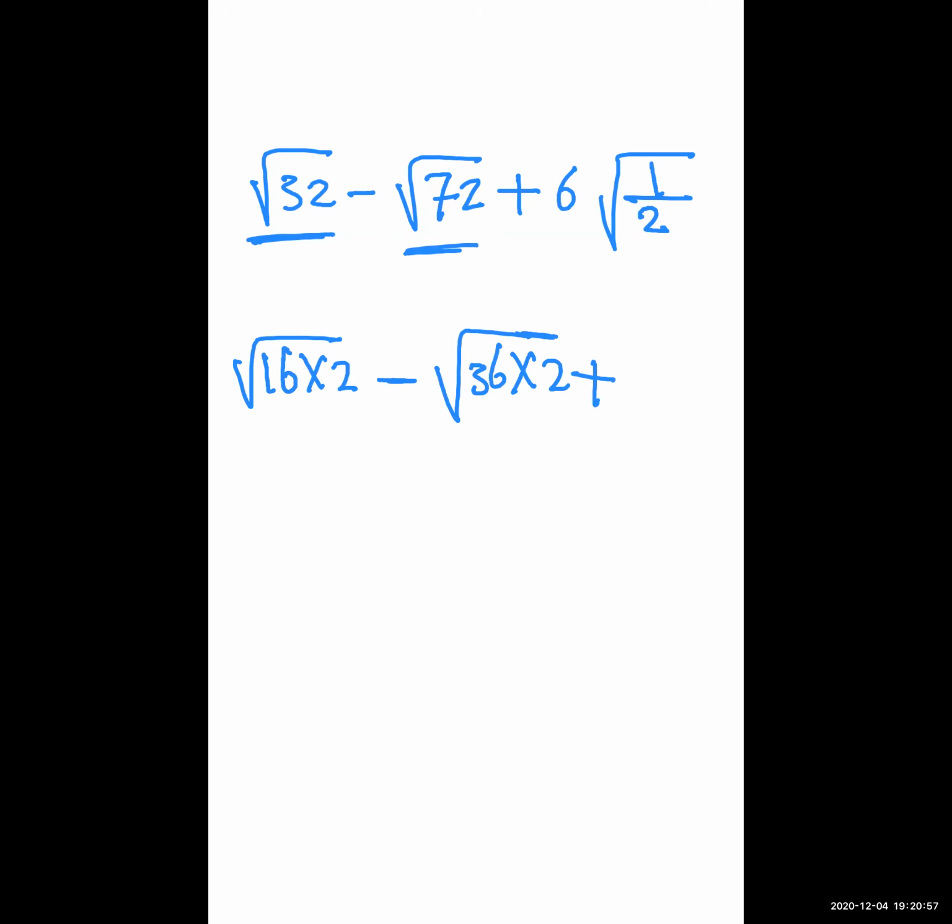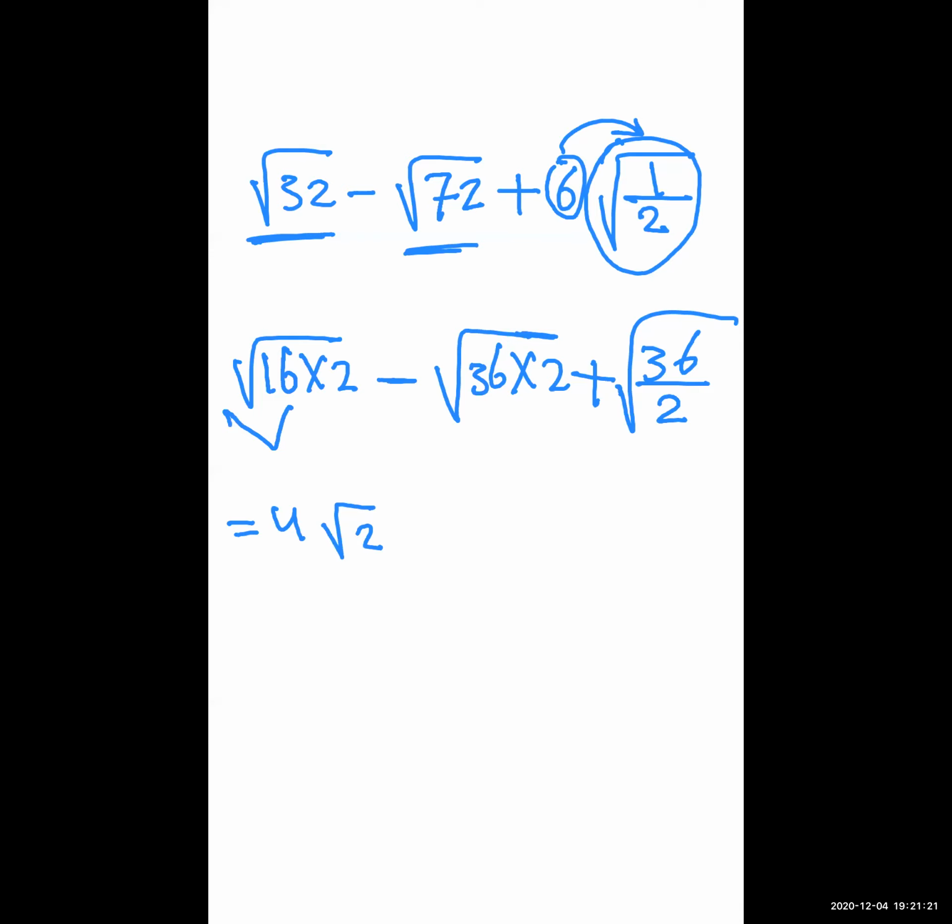And now this one, it's square root of 1 over 2. Simply this 6, I will place it inside the square root, all of its value, so 36 over 2. Right? So now 4 square root of 2, minus 6 square root of 2, plus square root of 18.